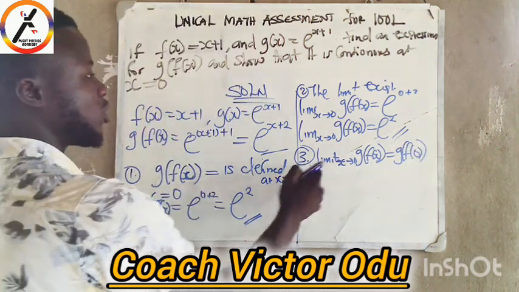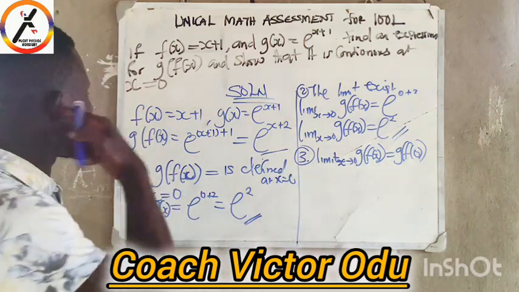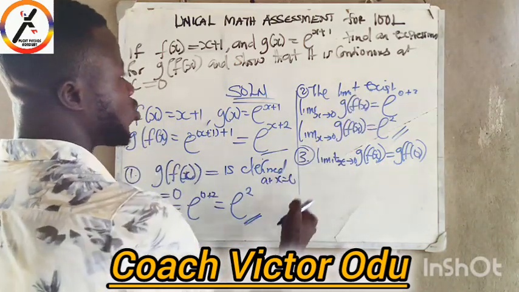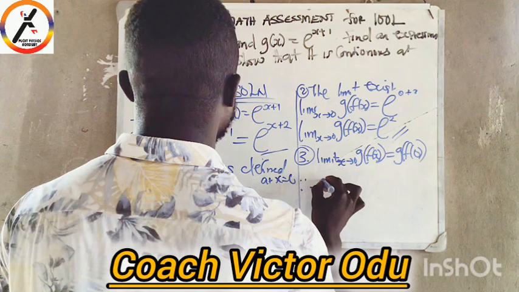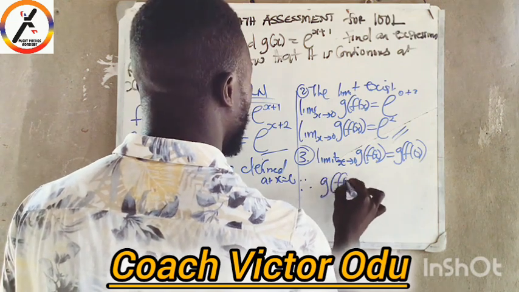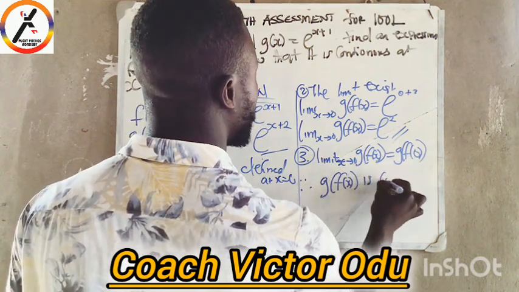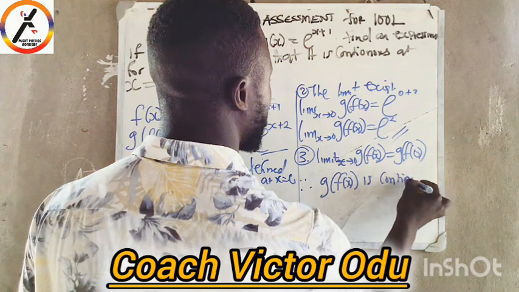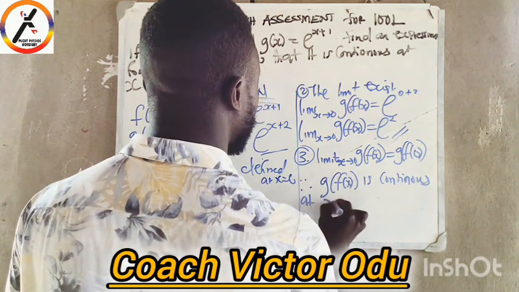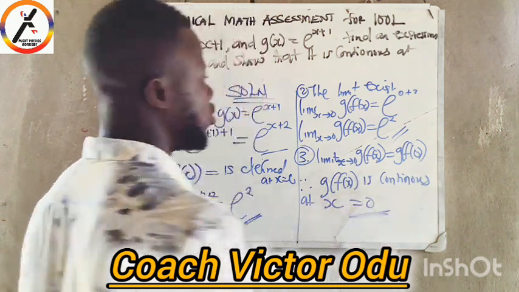Now we can see that this is equal to this. So we can say that g of f of x is continuous at x equal to 0.